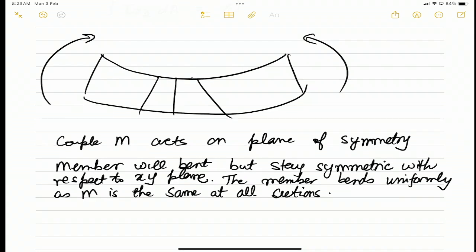As the member bends, it stays symmetric with respect to the xy plane and it bends uniformly at all sections.